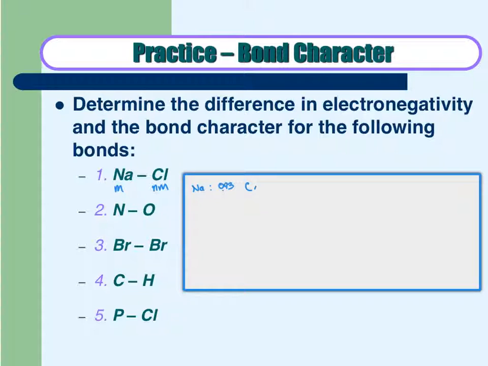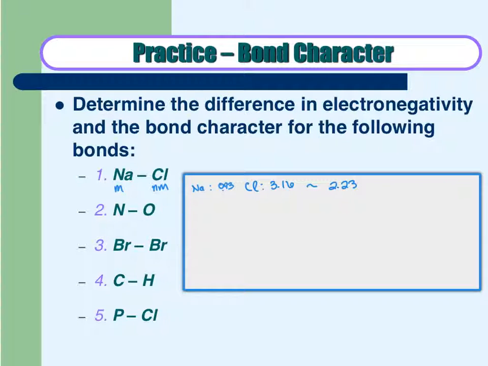Chlorine's value is going to be 3.16. So if I took the difference between those two, I would get about 2.23. This means I have an ionic bond.